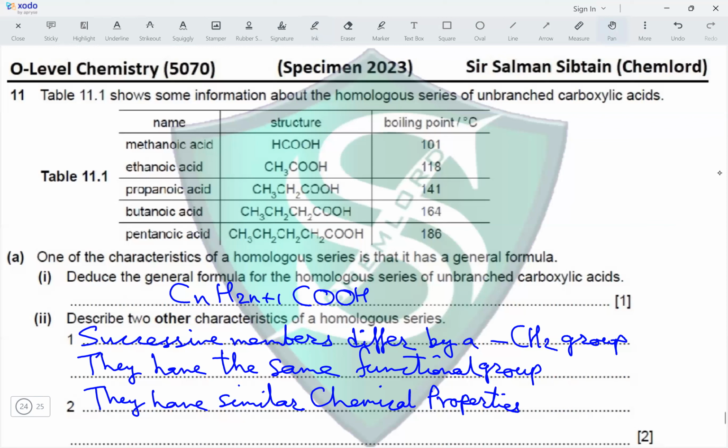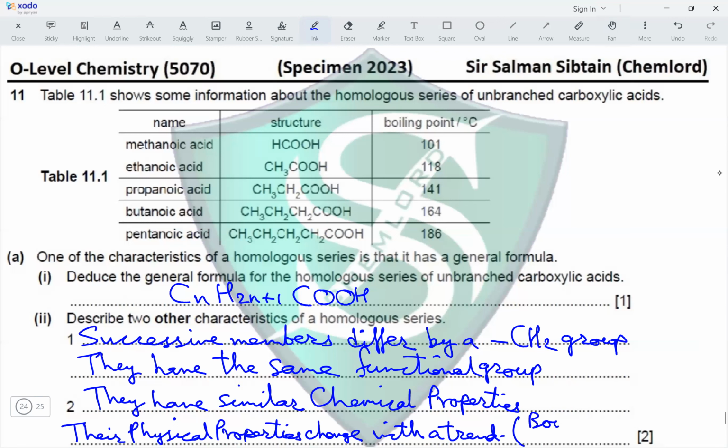So we will say that their physical properties change with a trend. Now, what is that trend? Here we can see that the boiling point increases along the series, right? So we can mention that in brackets here. Boiling point increases along the series as represented in the table above.